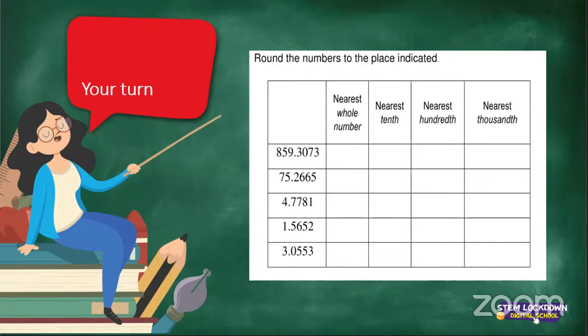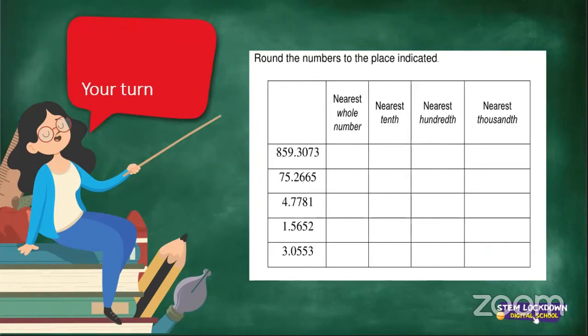And the last one, what would be the last one? Okay, I see 3.056 and 3.055.